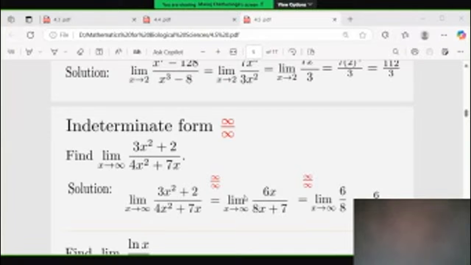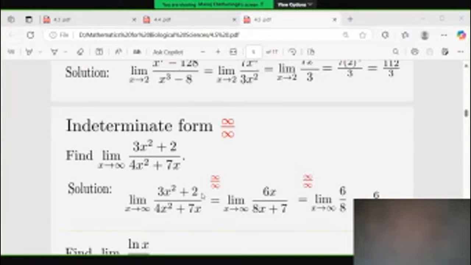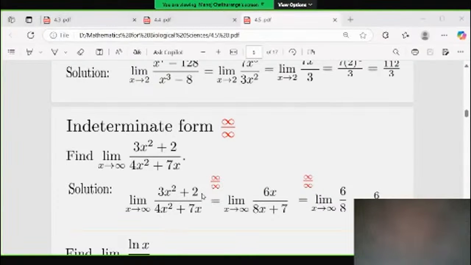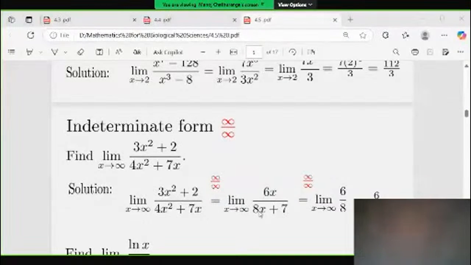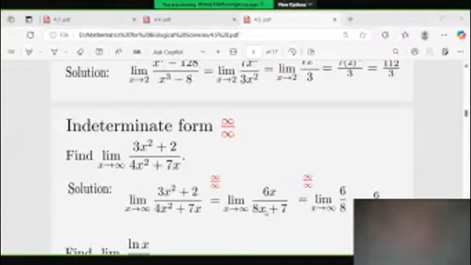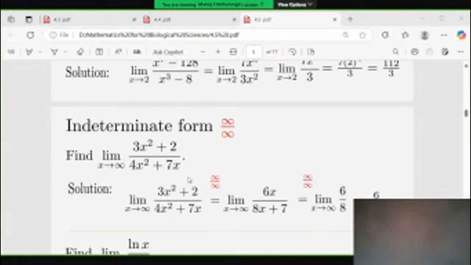By differentiating separately, I mean do not differentiate this as a quotient. Do not apply the quotient rule. Differentiate numerator and denominator separately. Now we have a different function to compute the limit, but still at the limit, they will have the same value. So the limit as x goes to infinity of this function is the same as the limit of this function at infinity.